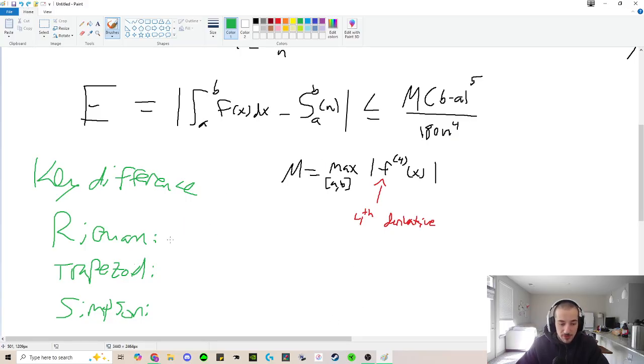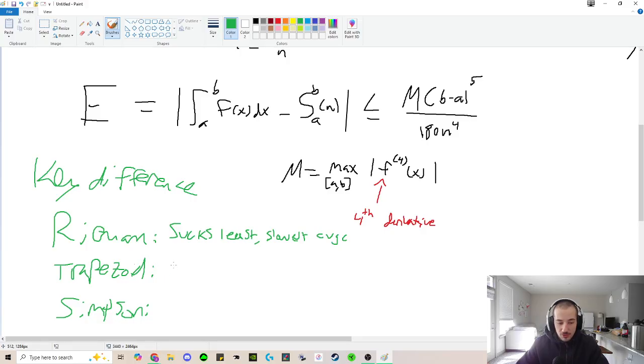So Riemann sum is going to be the easiest to do for a person. A computer doesn't care. Easiest to do for a person because you're just doing rectangles. But it sucks the least, and it has the slowest convergence.